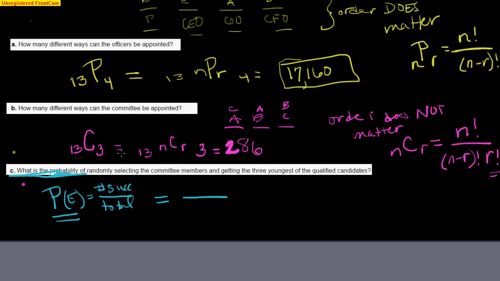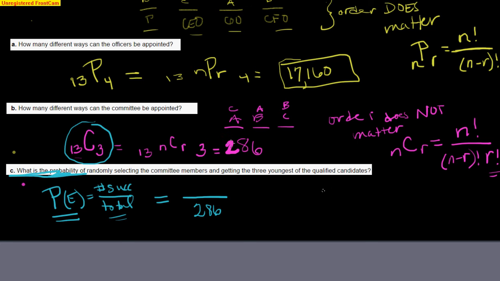All right, well, we've already done the work for the total here. We just did that right up here. This was all the different ways that we can choose the committee members. So we want the number of successes. How many groups of youngest people are there over the total possible outcomes? So I'm just going to go ahead and write the 286 right here. All right. Now the question is, how many of them are the 3 youngest?